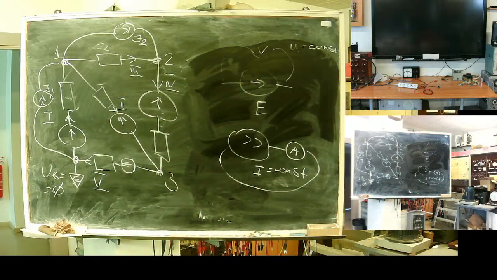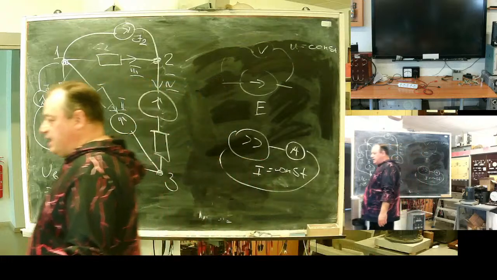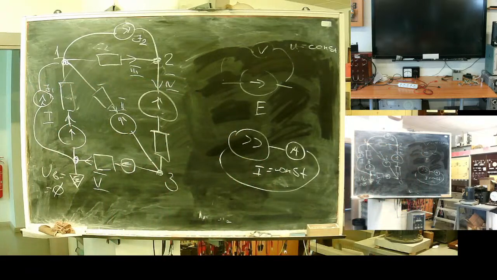So these are constant current sources. Yeah. Good. These two are constant current sources. Both are ideal. I would say, imagine a battery with a very, very large capacity. It's easier to imagine something producing constant current.